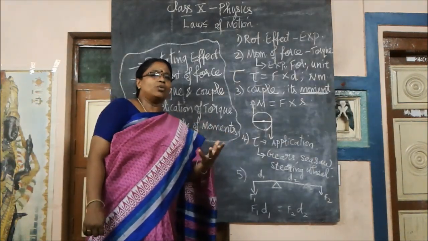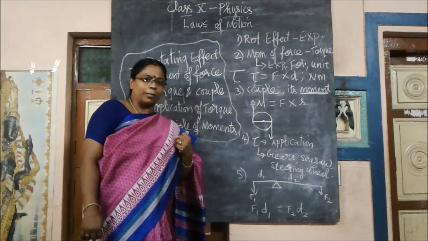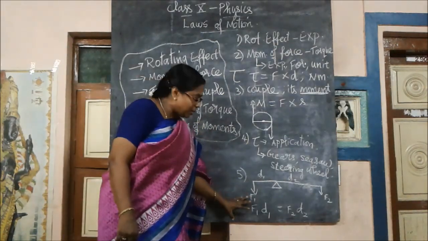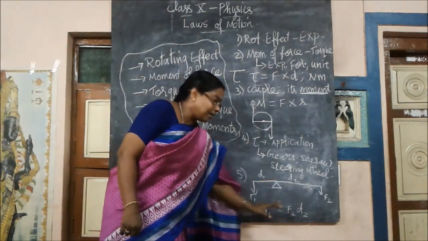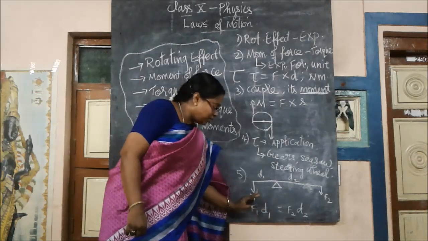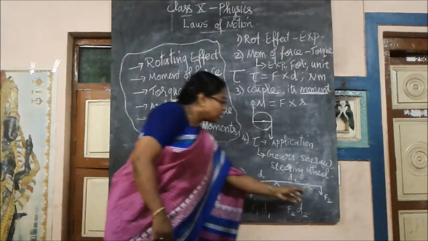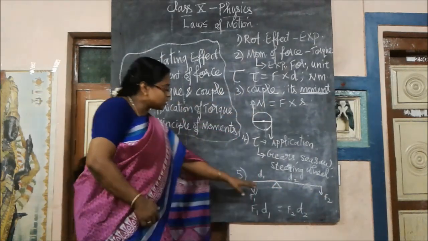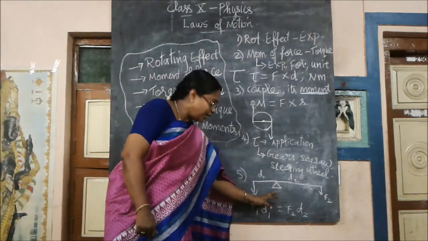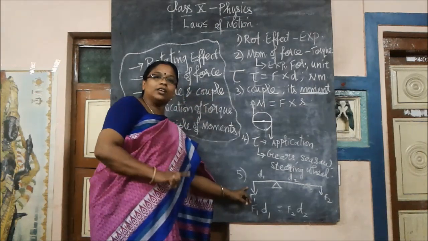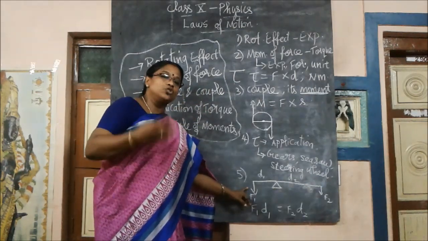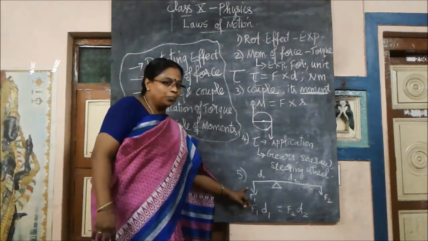Any body, when forces are applied, will produce some moment. Here I have one example diagrammatically, I will explain through this, right? See here, one force is applied here and another force is applied here. This is the central point, right? Now I have taken only one force here. You can imagine two or three forces also, right?